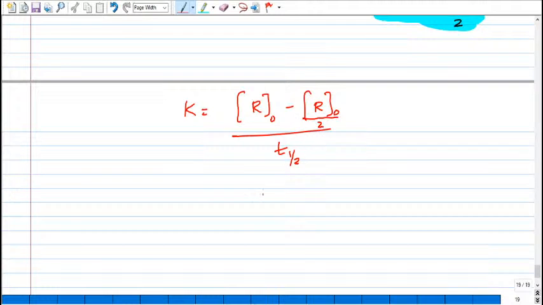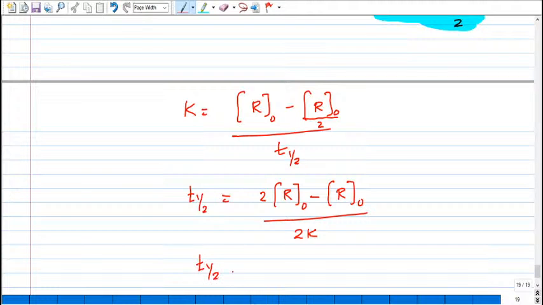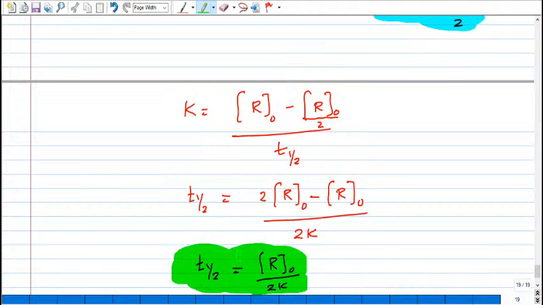Now we replace T half and K like this: T half will be equal to 2 into R naught minus R naught divided by 2K. So finally, the half-life period of a zero order reaction is R naught divided by 2K. Remember this formula. They may ask the same formula in 1 mark. T half is equal to R naught by 2K.